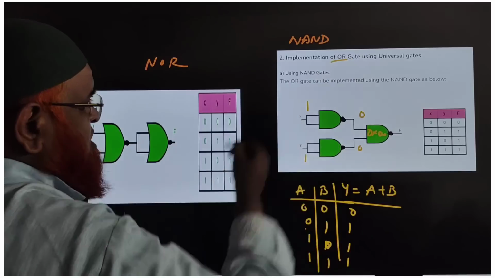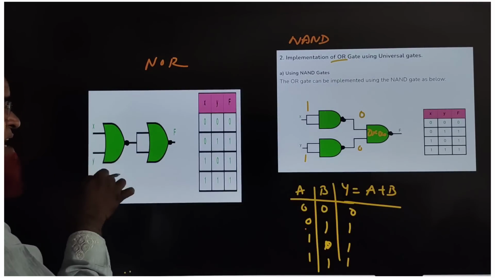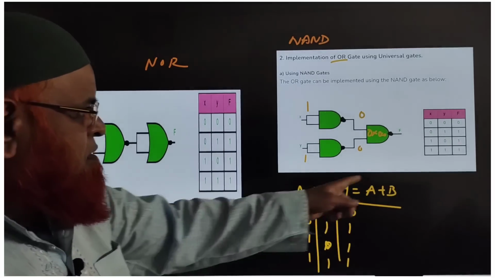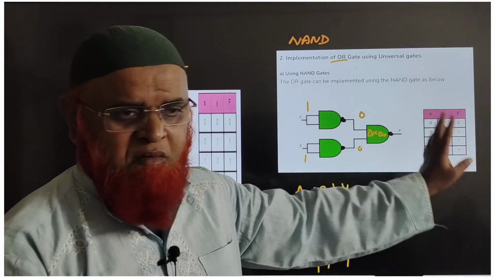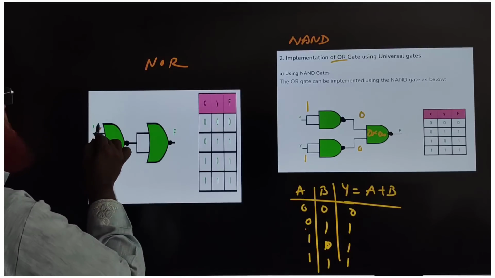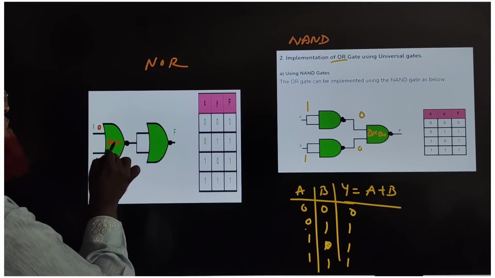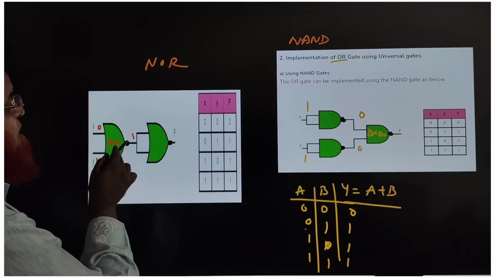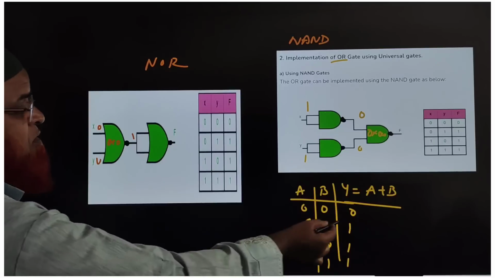NAND gates we have to construct OR gate. Same NOR gates you are taking to construct the same OR gate here. See the output. That's it. So here 0 and 0, if you take 0 plus 0 is 0. Here 1 and this is not. 1 हो गया तो 0 होता बाहर, 0 correct.